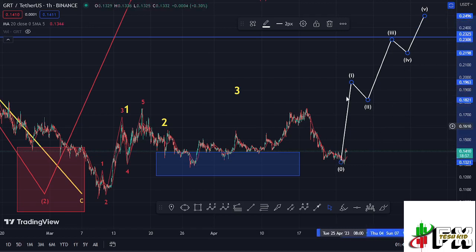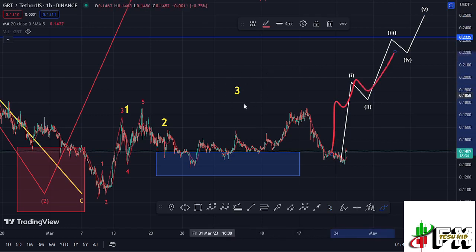And for this move to also play out and also give us higher prices in this wave 3, I'm watching for a break above this swing high at around the $0.1755 mark. And the moment we continue gearing up and see a break above that high, then that will be enough confirmation of the impulsiveness and also the breakout to the upside in the formation of that wave 3.